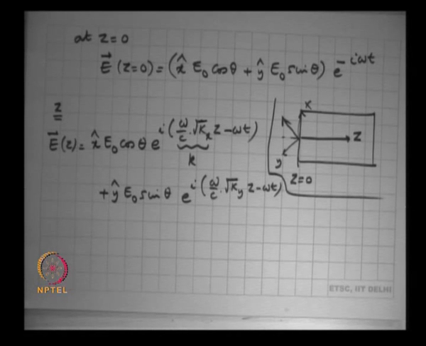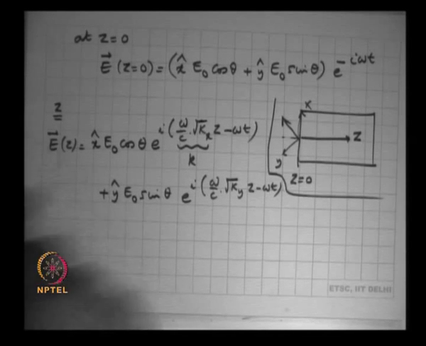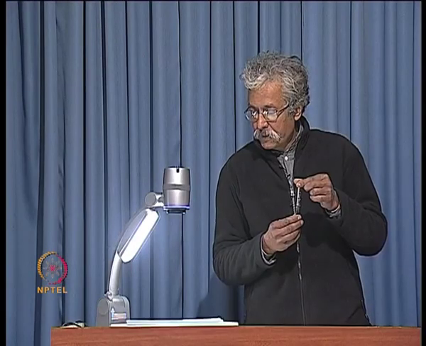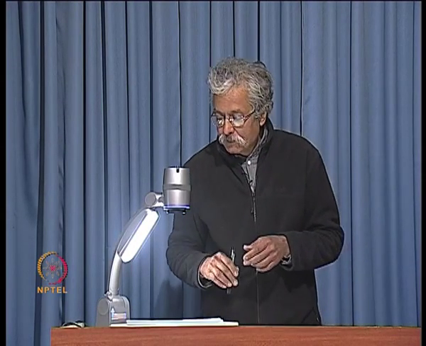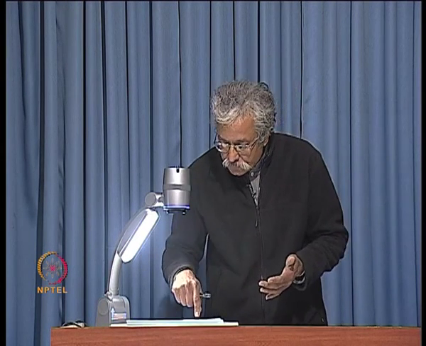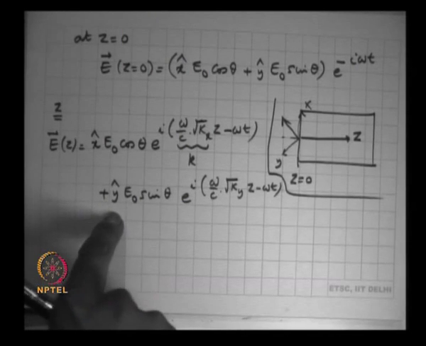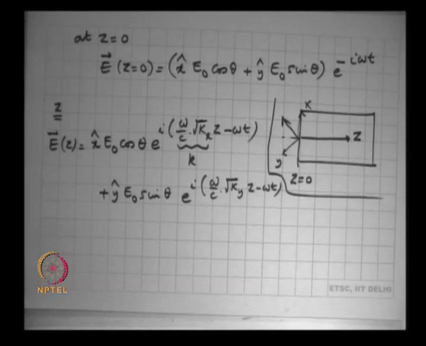I have got the solution. I have shown you that if electric vector is along x cap, it is a plane wave propagating with a propagation constant omega by c times square root of kx. If the electric vector is along y cap, it is a plane wave propagating with a propagation constant omega by c square root of ky.